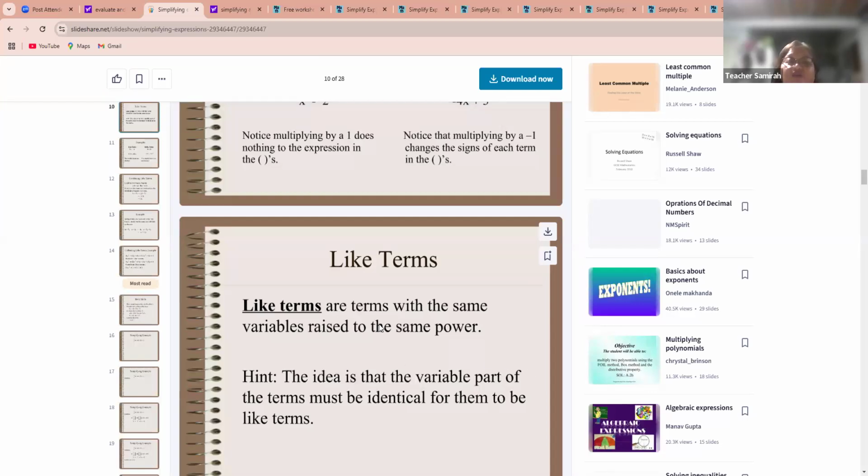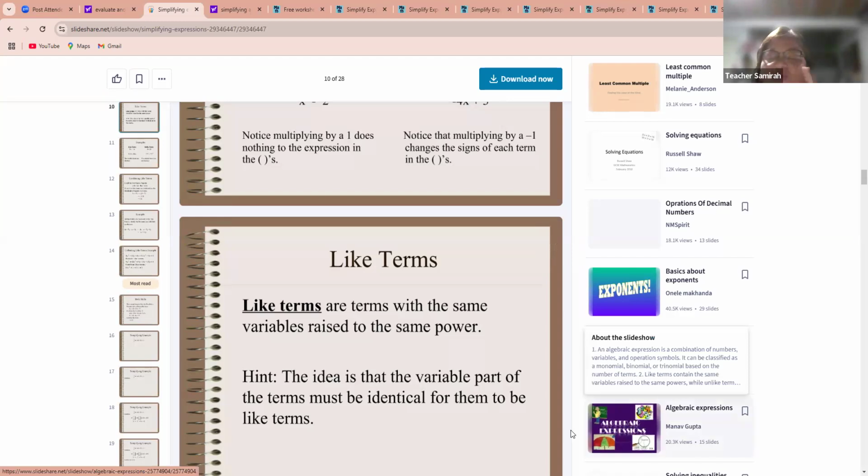So if I have 4x squared, I can add it with x squared because they have the same variable x and they also have the same power, which is 2. Right?